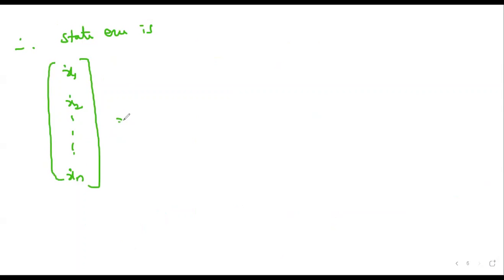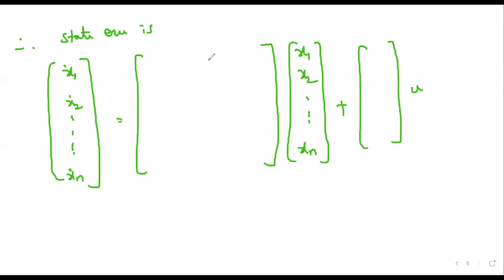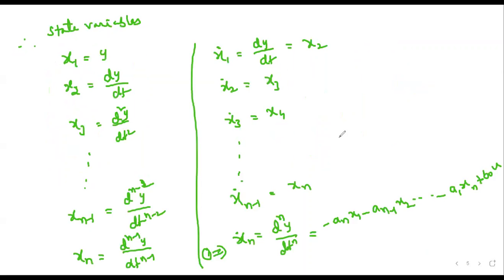Therefore, the state equation is x1 dot, x2 dot, and so on, xn dot is equal to some n by n matrix, the big matrix, times x1, x2, and so on, xn, plus a B matrix into u. Then tell me this matrix from the first equation.